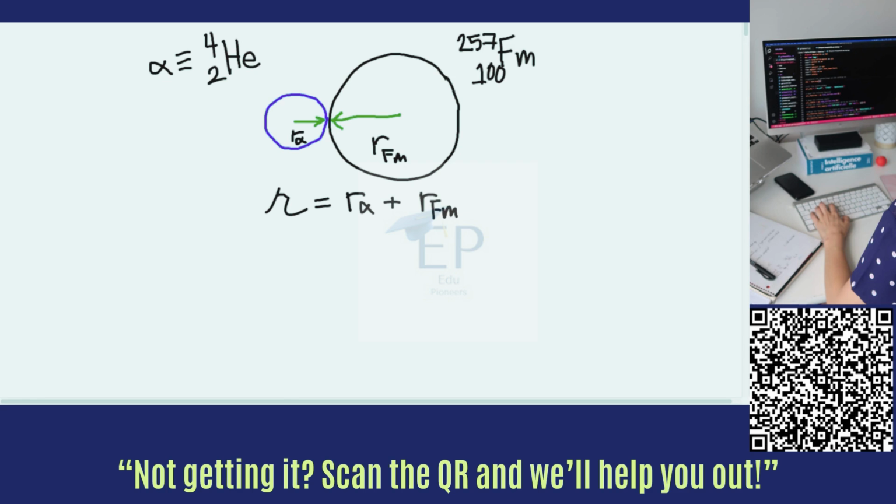Next, we'll need to calculate each of these radii using our formula 30-1. That can be done as follows.